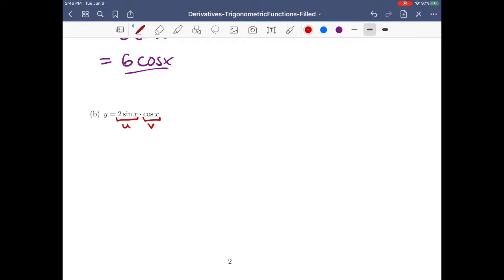So u is 2 sine x, which means u prime is 2 cosine x. v is cosine x, which means v prime is negative sine x.